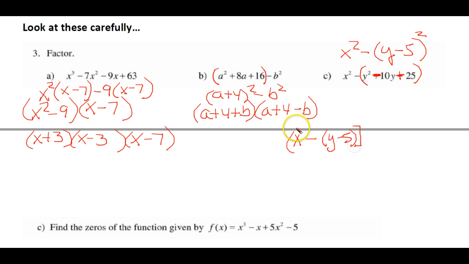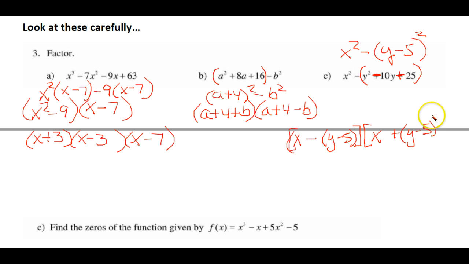Guess we can use a bracket there, and then bracket x squared plus, and then in parentheses, y minus 5, and there's no squared there.